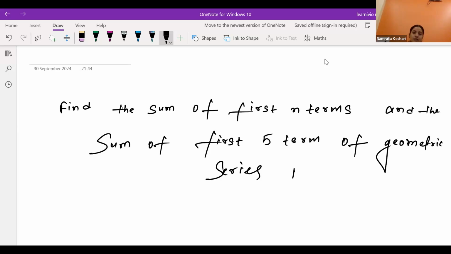The series is given like this: 1 plus 2 by 3 plus 4 by 9 and so on.